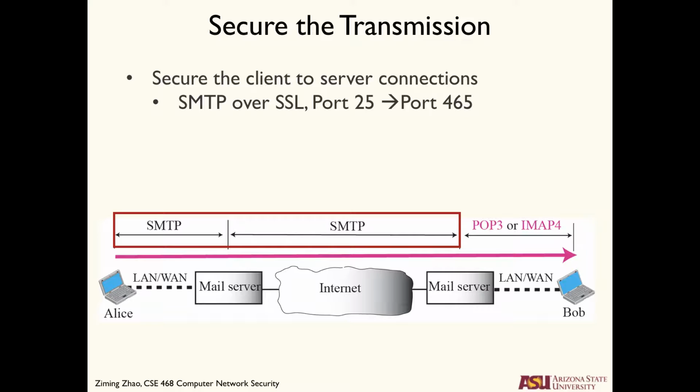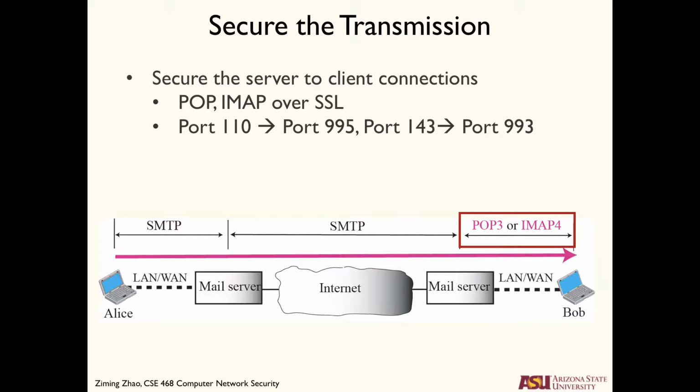Because this is a different protocol, even though it's still called SMTP, kind of like HTTPS, the server side has to listen at a different port. Usually port number 465 is reserved for this purpose.